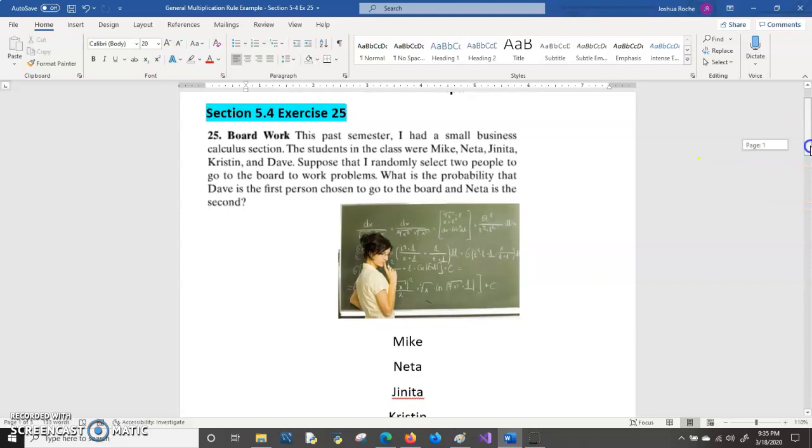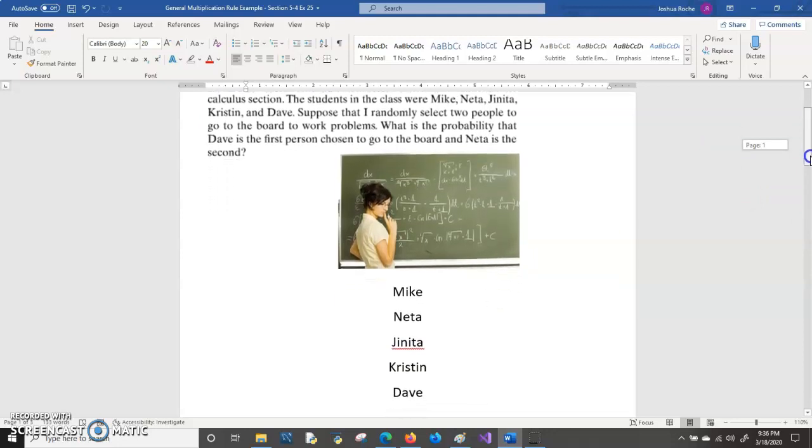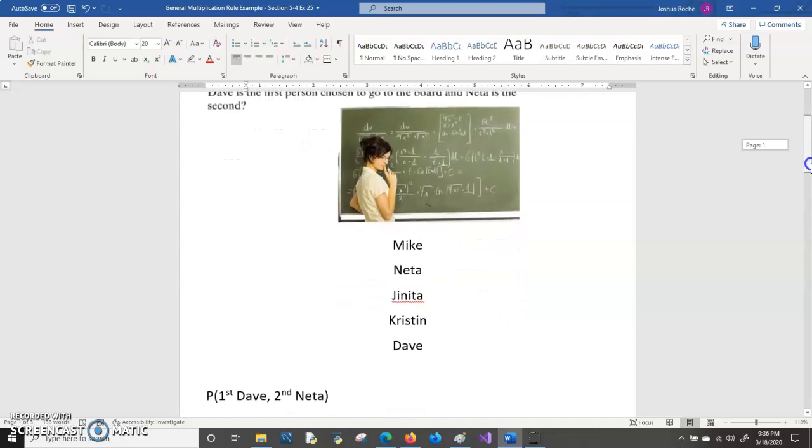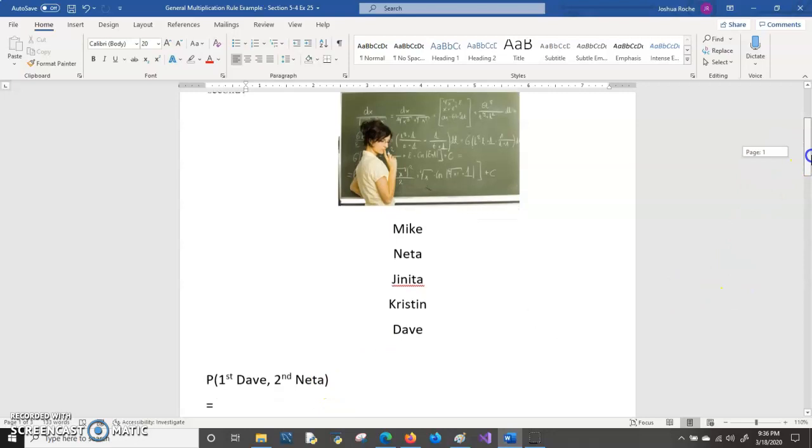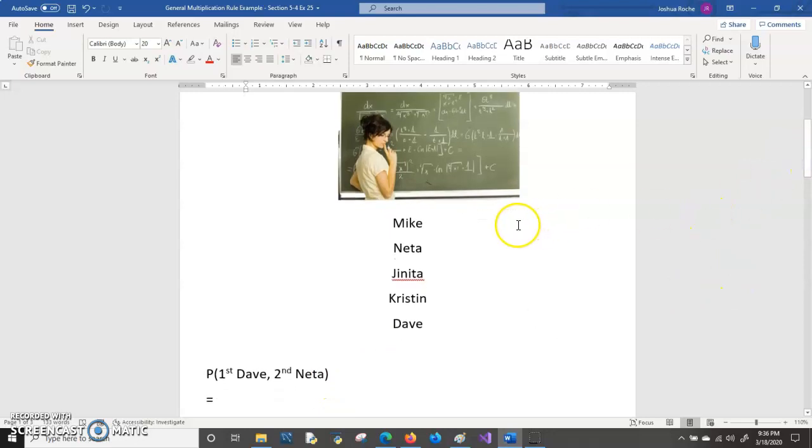So this is a sequence of events. We'll end up multiplying to answer this question. In particular, this is what we're trying to find: the probability that first we pick Dave, second the teacher picks Netta. One way to work this out is to think about the context.